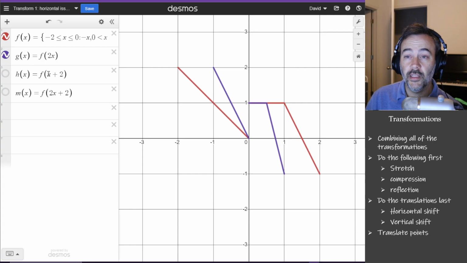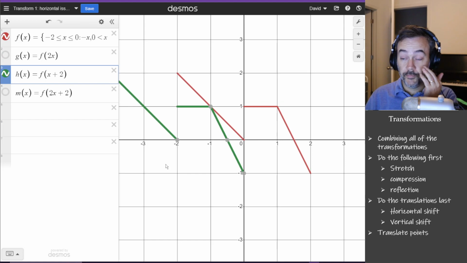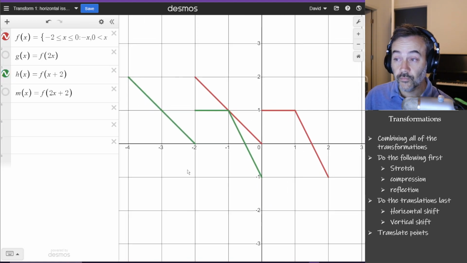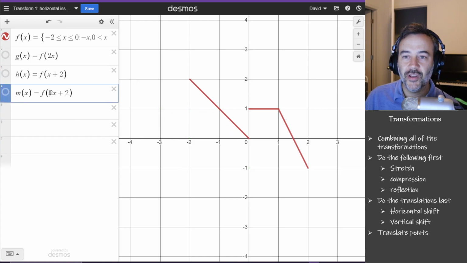Okay, now this one is fairly straightforward, and we've looked at this one already. This is a left transformation by 2. So if f is the red graph, h of x is a left transformation by 2 units. Now, where we run into issues, there's a couple different issues, is if we have 2x plus 2 here, we see that there's a 2 multiplier and there's a plus 2 here.